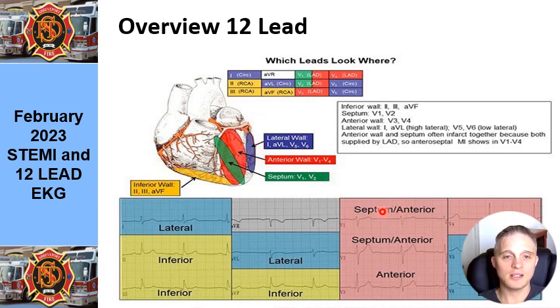Now, the septum is your V1 and V2 specifically, and it's looking at the area between your right and left ventricle. Whereas your anterior, or V1 through V4, is taking into consideration the septum as well as predominantly the left ventricle. This is going to look at your left anterior descending, and in your inferior wall, like we mentioned before, this is your right coronary artery.